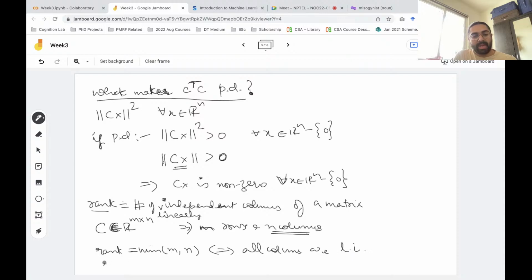If the rank is strictly less than the minimum of m comma n, then there is some linear dependence. To find that out, you will do something like the Gauss elimination method to understand which columns can be expressed as a linear combination, and you'll go from there.